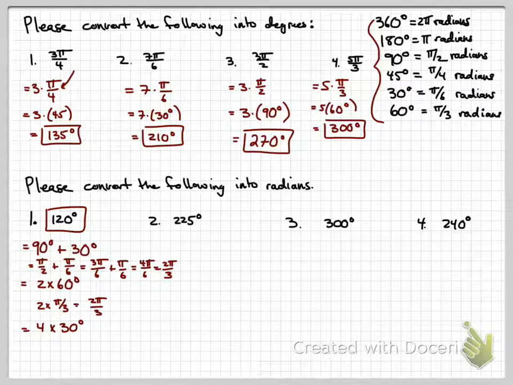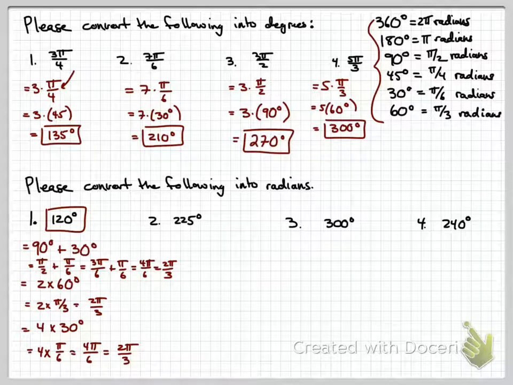Is that the same? Awesome, we get the exact same angle measure in radians. And just for good measure, in our last case, we've got 4 times, well, we know 30 degrees is pi over 6 radians, and so we end up with 4 pi over 6 radians, which, as we would hope, reduces to 2 pi over 3. So awesome, feeling good about it.